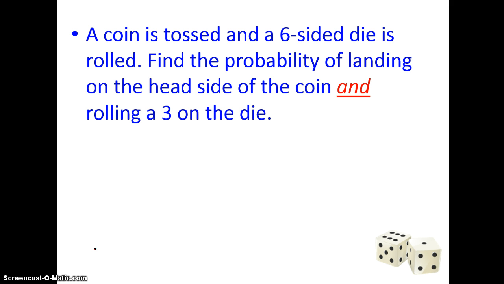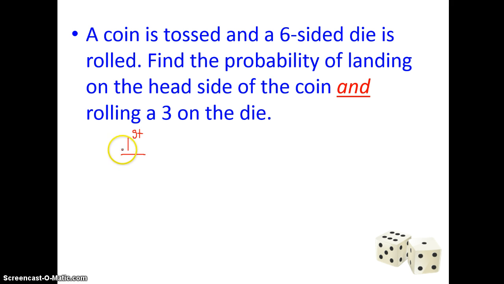So we're going to find the probability of landing on a head on the coin and, emphasis on the word and, that's a word you'll see in these compound event questions, rolling a 3 on the die. So you're going to look at the probability of two events. For that first event, who can tell me what's our probability of landing on a head when tossing a coin? Yes? 1/2.